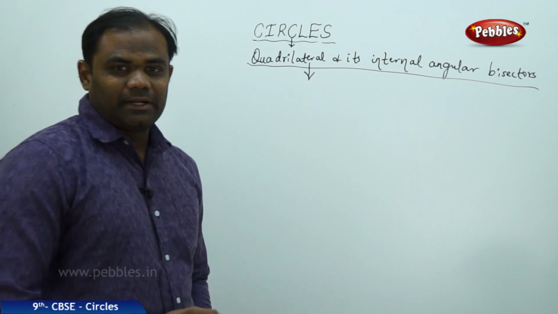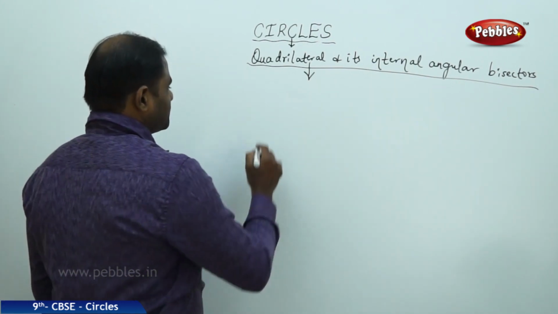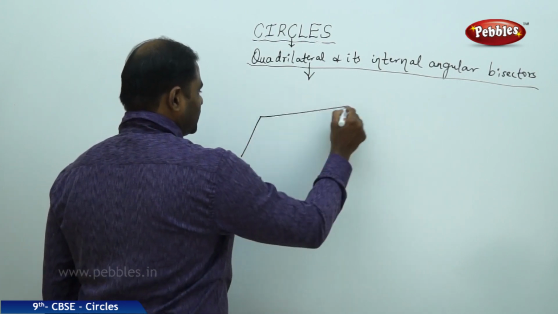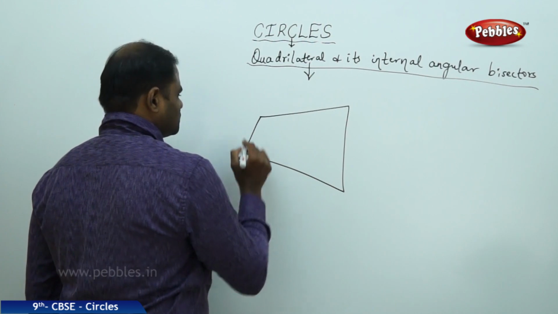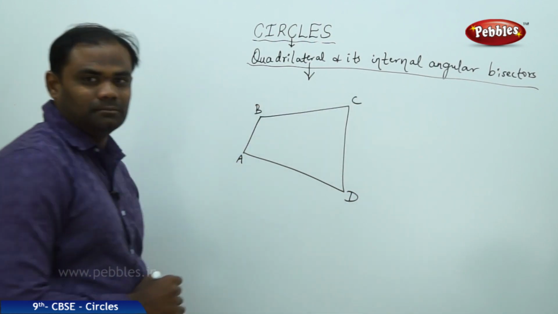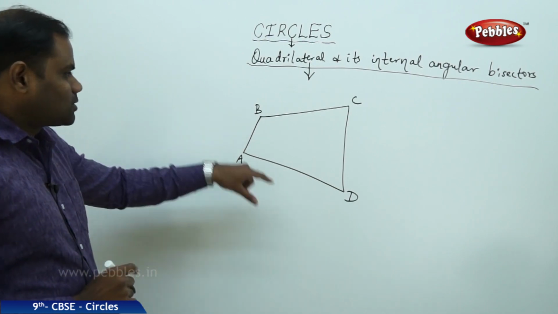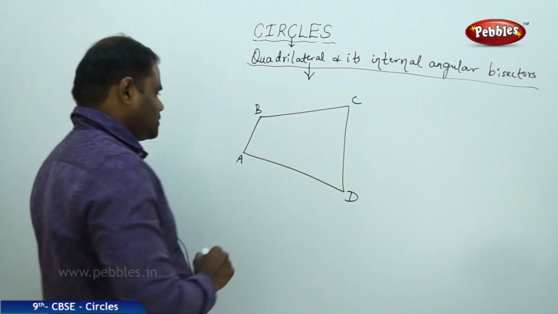So let's take a quadrilateral to understand the concept better. I have a quadrilateral ABCD. Now for this quadrilateral, let me take each of the internal angular bisectors.